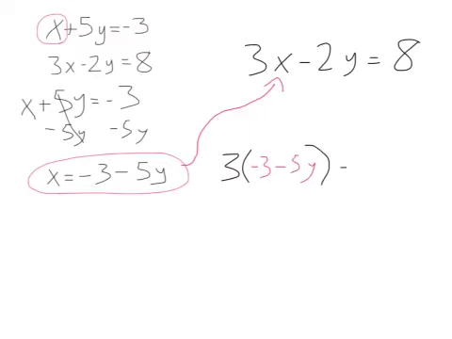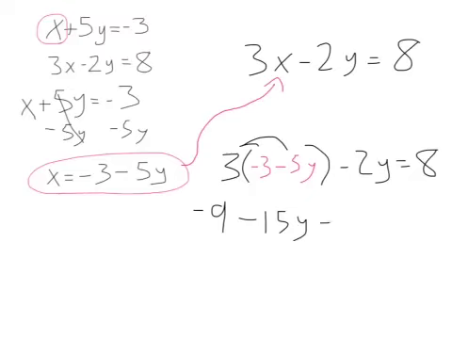And then I continue. I have minus 2y equals 8. All I did was plug in for this x negative 3 minus 5y, which I got over there. Now I simplify that. This will give me negative 9. I have to distribute: negative 9 minus 15y minus 2y equals 8.